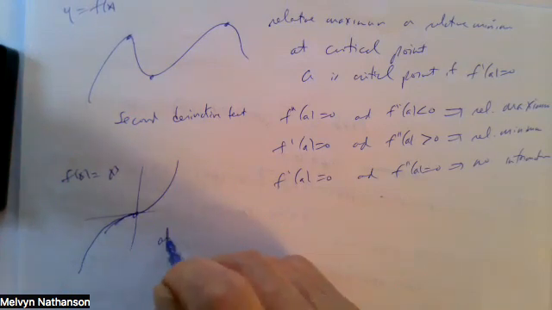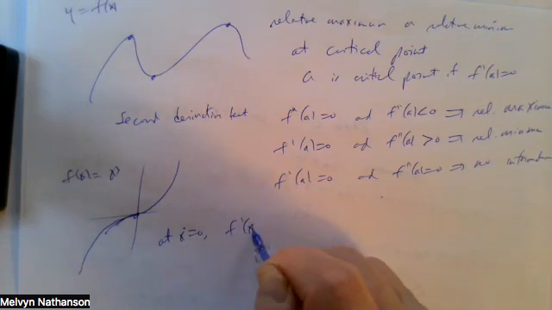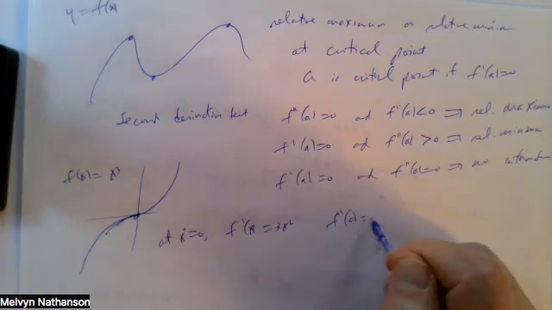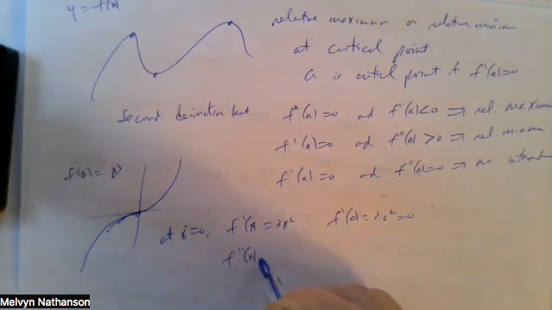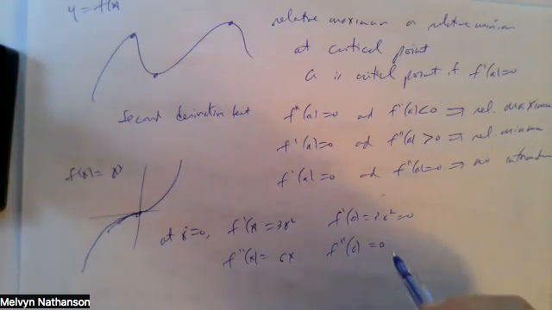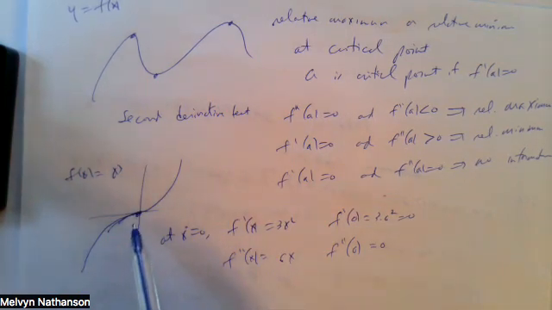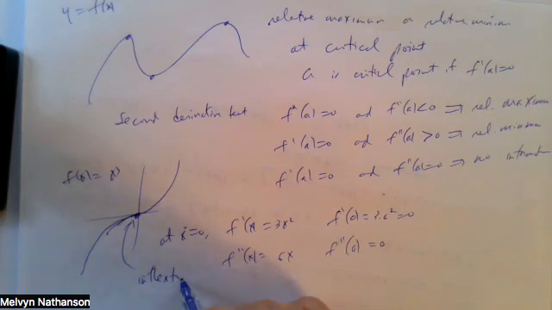At x equals 0, the derivative of x cubed is 3x squared, so the derivative at 0 is 3 times 0 squared, which is 0. So x equals 0 is a critical point. But the second derivative is 6x, and the second derivative at 0 is 0. In fact, if you look at this point, you don't have a maximum or a minimum. You have what in this case is called an inflection point.